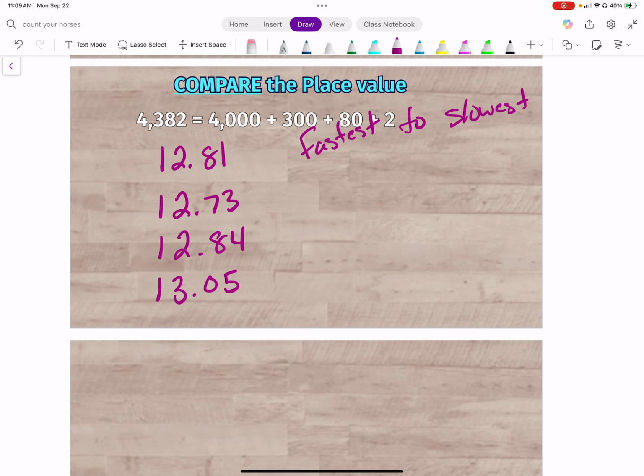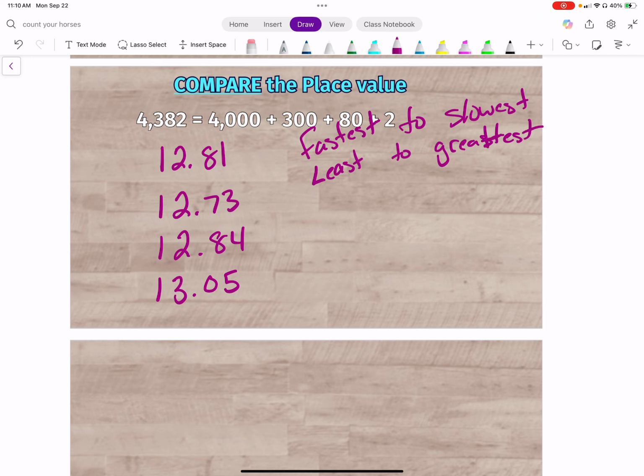Well, the horse you're on, right? Because that can get around in 11 seconds. It's faster. You took one less second. So that tells me that least to greatest is what they're asking for here.